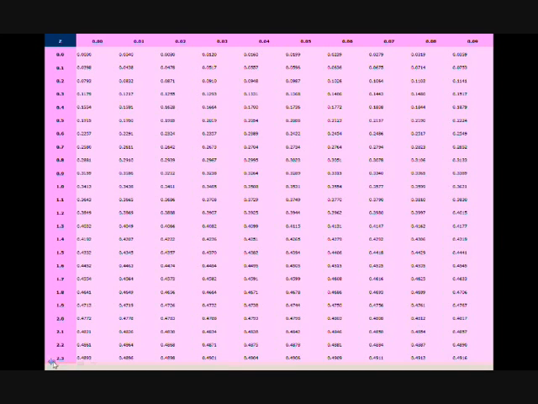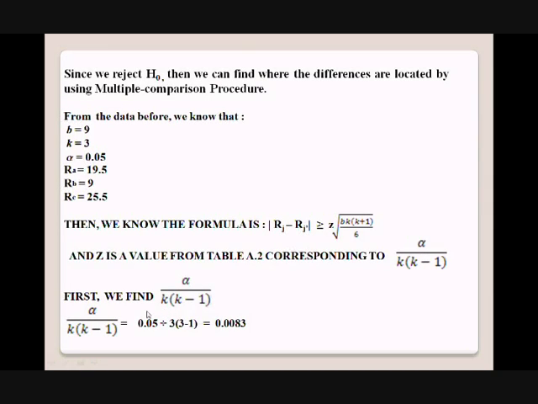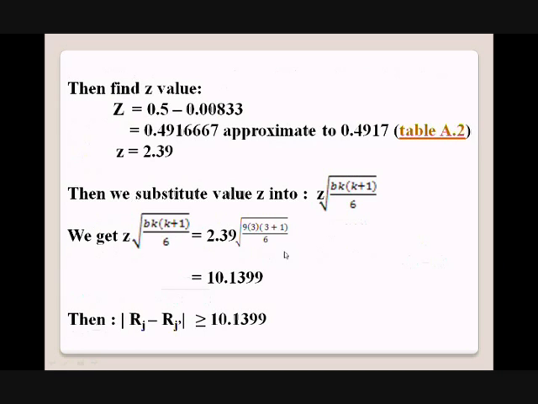We add this 2.3 with 0.09 and we get the value of z equal to 2.39.